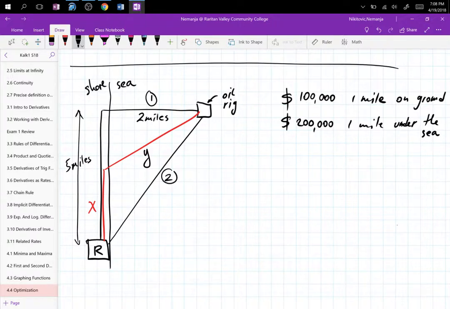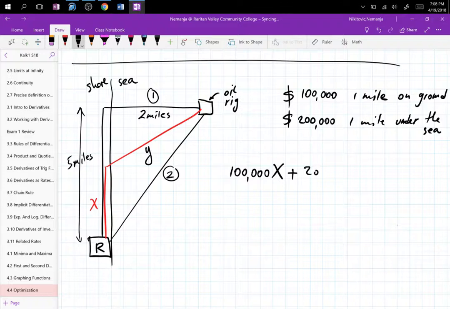So what do I have? I have the cost of the pipe, which is 100K times X. So this is the cost of the pipe above ground, plus cost of the pipe, 200,000 times Y under sea, needs to be minimum. That's what I'm trying to minimize.